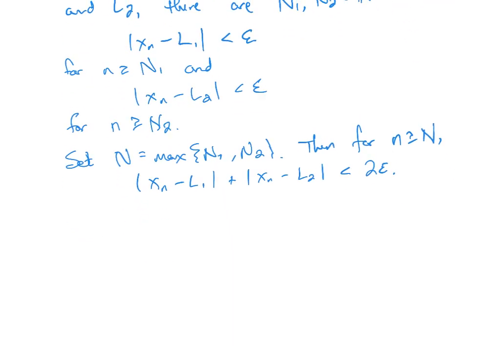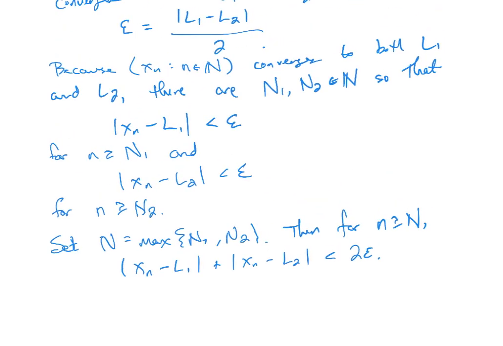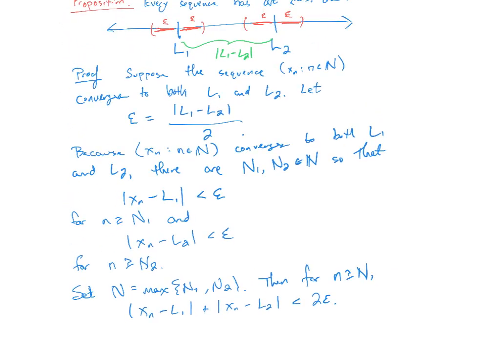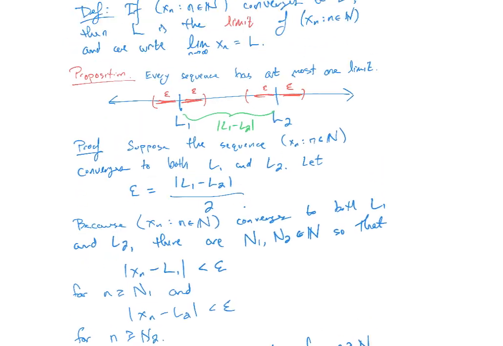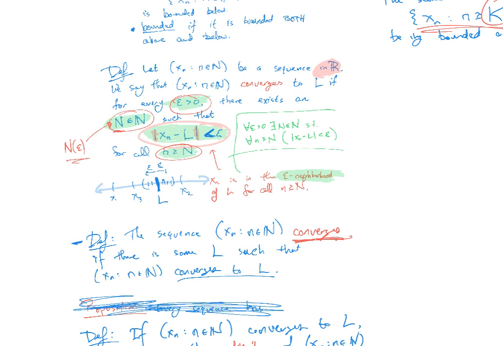Where's our contradiction? Not really a contradiction. Oh, okay. Sorry. We're running out of time. I need to be a little bit careful. When we go back to our definition of convergence, I said that epsilon has to be greater than 0.